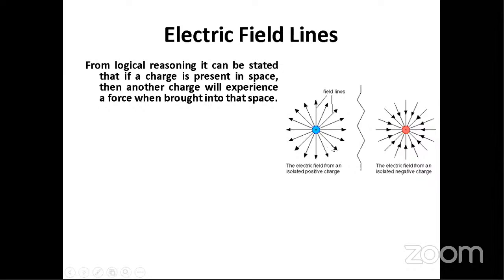Am I clear at that point? What does electric field mean? When a charge is present, if you bring another charge towards it, it experiences some force at a certain distance. Means if the charge crosses that distance, then it experiences some force.